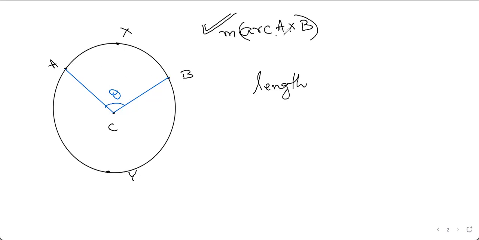The end points of the arc are A and B. So we constructed the radius AC and BC. The angle that is made, that is the angle ACB: end point of the arc, center and end point of the arc. This angle is considered to be the measure of the arc, and this angle is called the central angle.